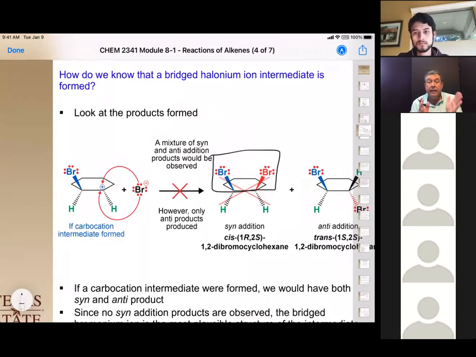However, in these ones where we trap it in that little triangular shaped intermediate, we only can have attack at the bottom, so we only get the anti-addition, and in this case, it's the trans product. We do not see syn addition at all. So syn means that both things are adding to the same side of the double bond. Anti means they're adding to the two opposite ends of the double bond. And again, it's easiest to see when you have a cyclohexane because you don't have to worry about free rotation.